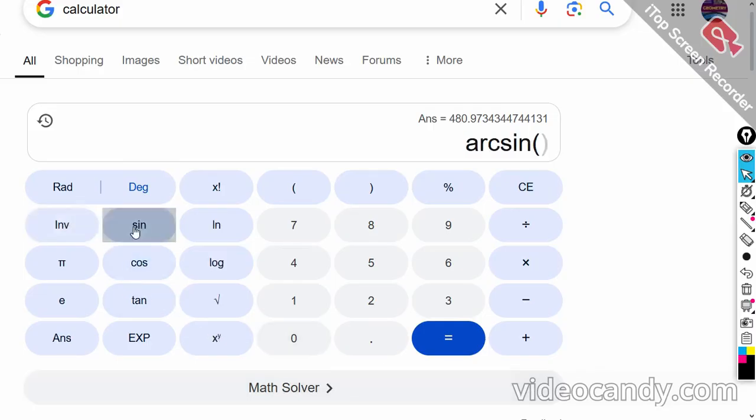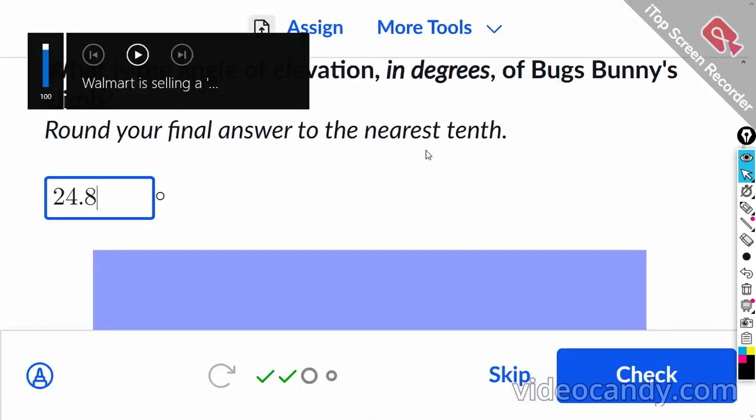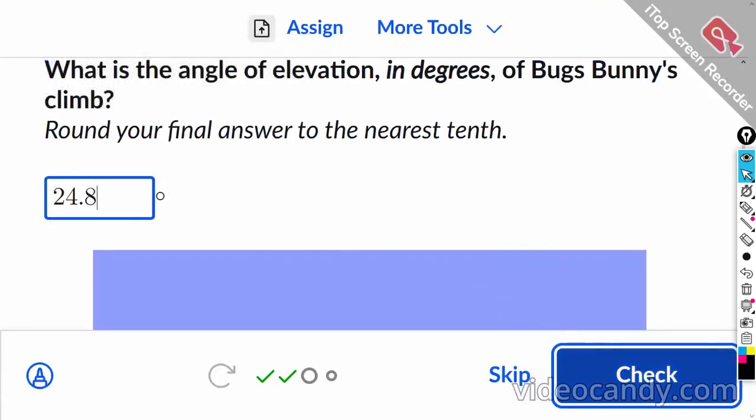All right, inverse sine of 0.42, same thing as 42 over 100. It equals, I think they said 2 decimals, so we'll try 24.83. Check the third decimal. If it's less than 5, you round it down, 24.83. All right, they said nearest tenth, 24.8.